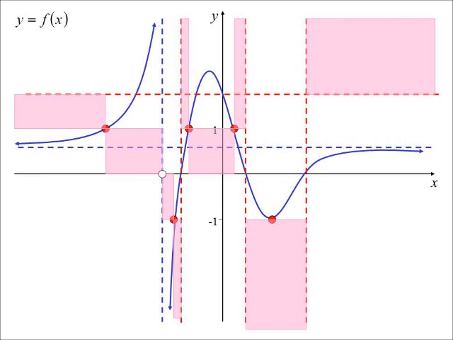So the original graph, working from left to right, we start off with a graph that is above the horizontal asymptote and below 1. So when I turn it upside down, it goes above 1 and below the asymptote. So basically we're reversing what happens. So after 1, it then goes above 1, but cuts the asymptote.